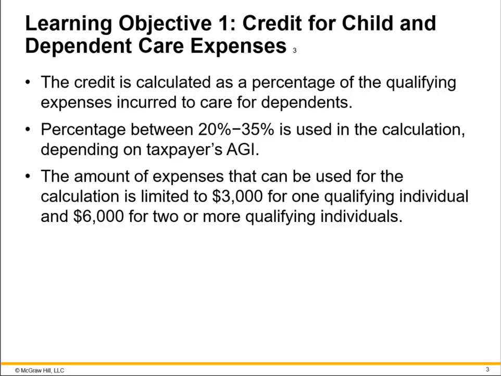It doesn't go to $9,000 for three. Two or more is just $6,000. So the most you can use to calculate is $6,000, no matter how many qualifying individuals you are paying for care for.